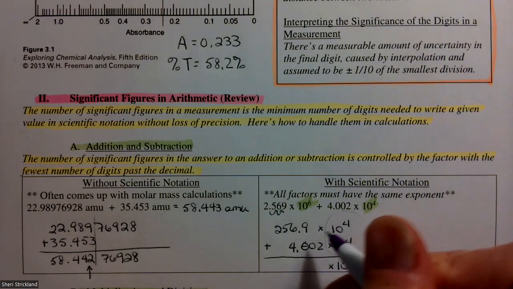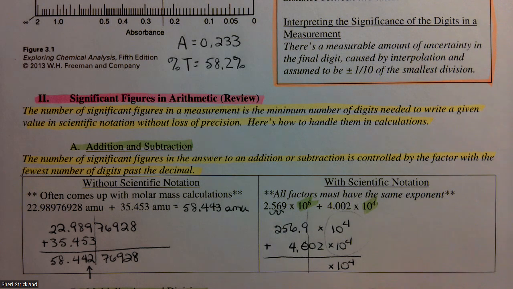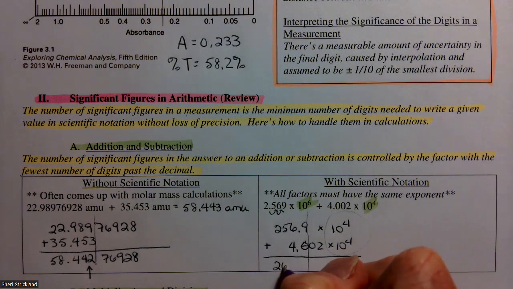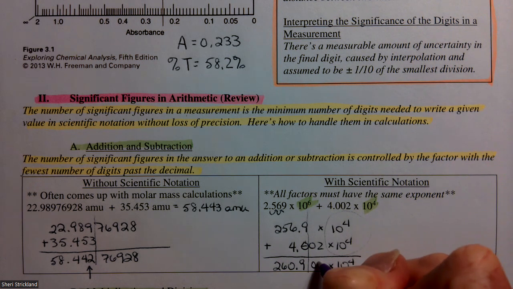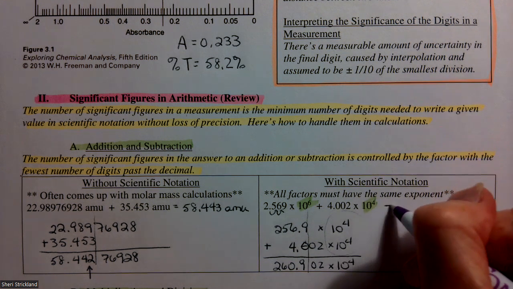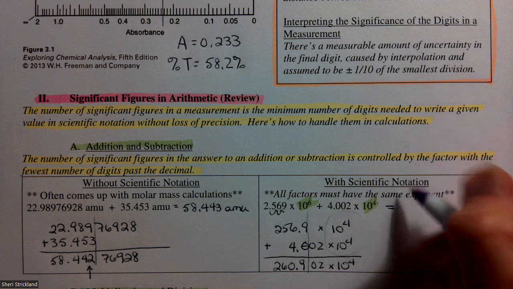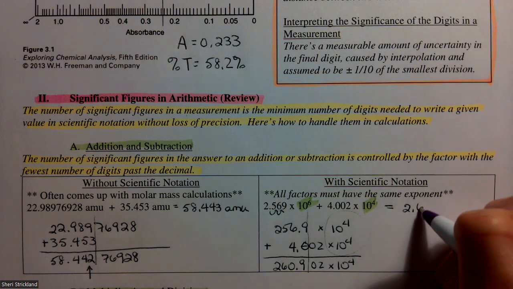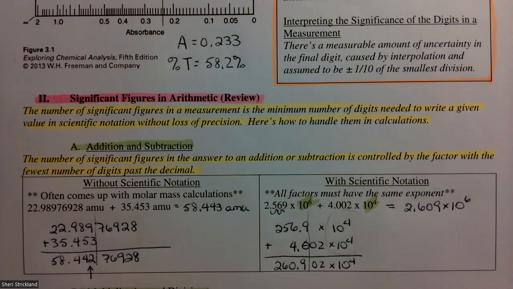When I add these, I can only keep to the 10th place. So 260.9, and then the O2 is kind of left over. If I'm going to put this into proper scientific notation, then I've got to move that decimal back until it's just to the right of the first digit. So that'll be 2.609 times 10 to the 6th.